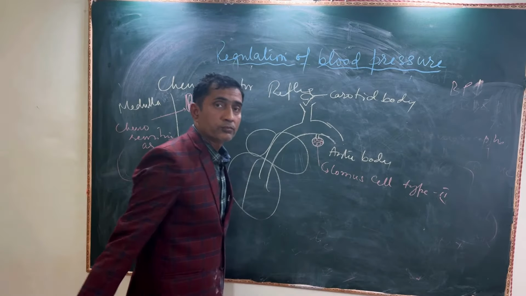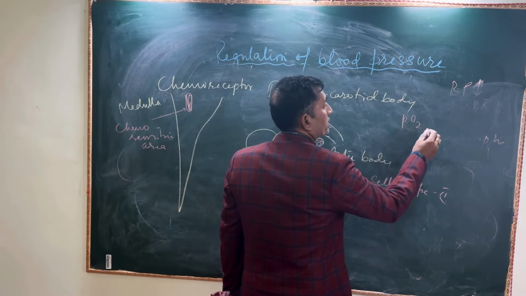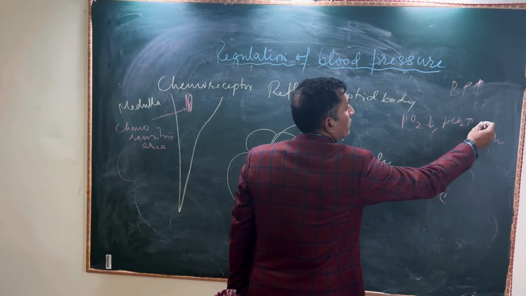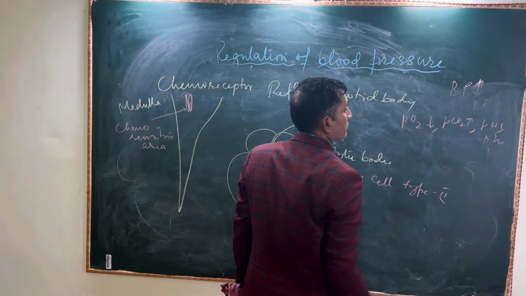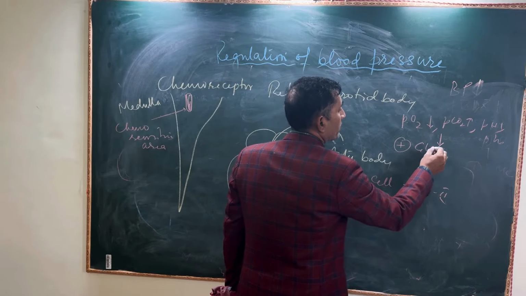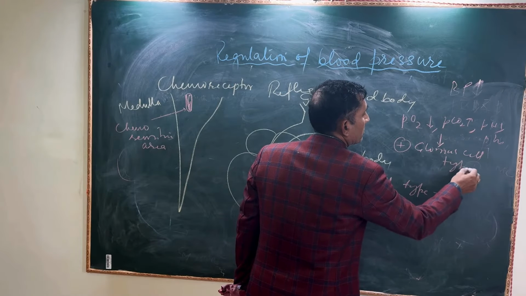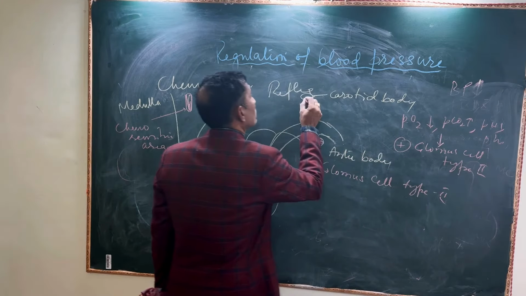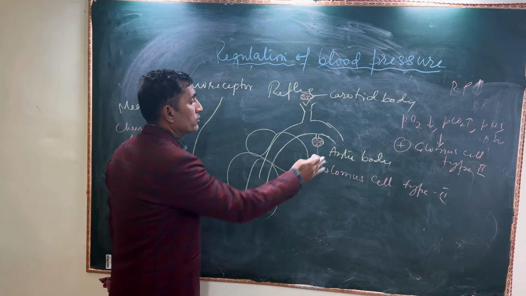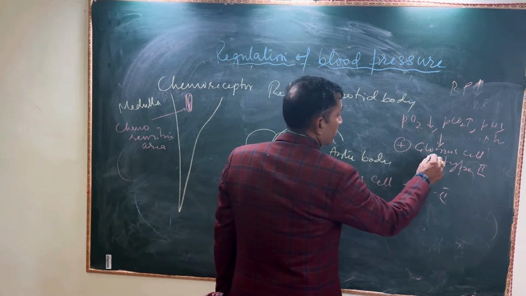So as soon as the partial pressure of oxygen comes down, the partial pressure of carbon dioxide goes up, or the pH comes down, there will be a stimulation of glomus cells type 2. So the carotid body and aortic body contain glomus cells type 2, which will be stimulated.